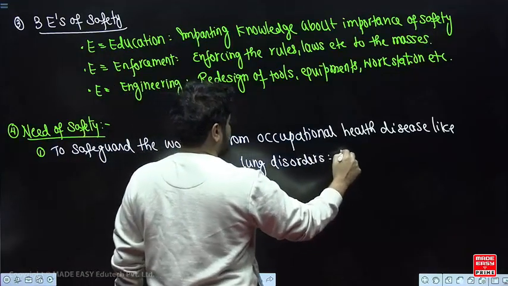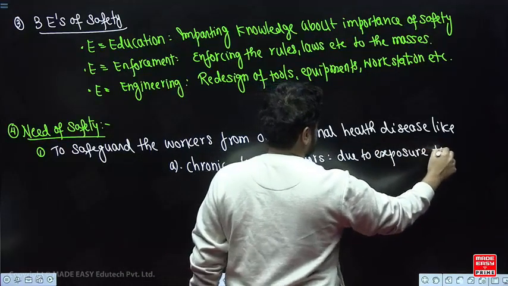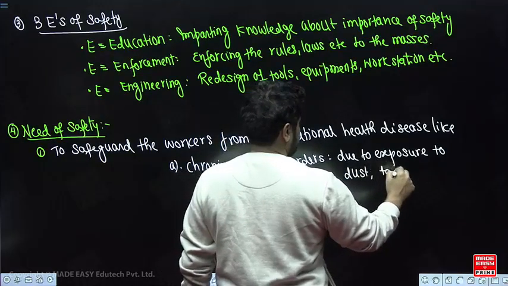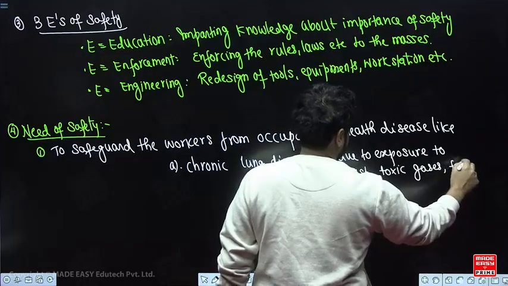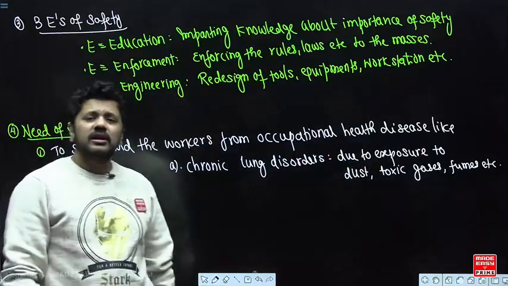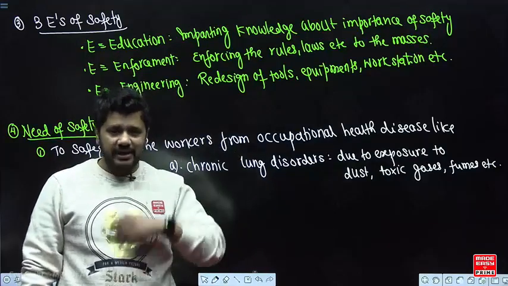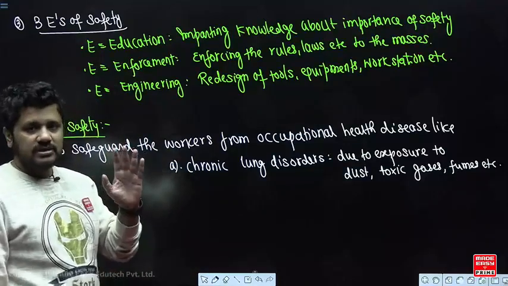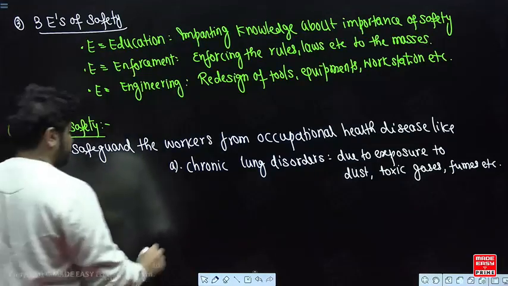Disorders due to exposure to dust, toxic gases, fumes, etc. Regularly, suppose in the chemical industry or the construction industry, there will be dust and toxic gases every day. If the person inhales it every day, then after a few days your lungs will just stop working. Fine? Okay.